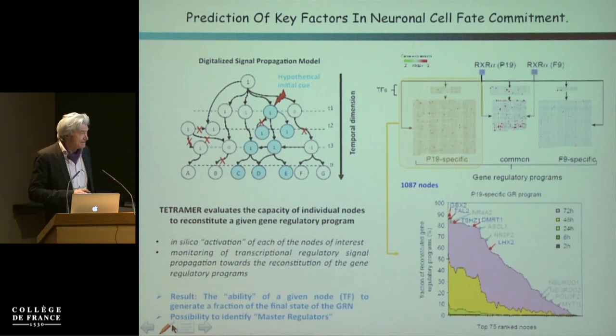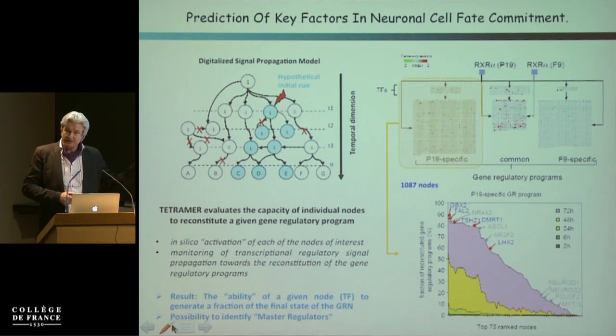So we did that, and we asked, for example, which kind of genes are capable of initiating what percentage of the final program. Here, the top candidate was GBX2. If we activate it like this, it will reconstitute more than 86% of the initial program. The same is true for TAL2 or TSH1 or this nuclear receptor here, which I don't know which one it is.